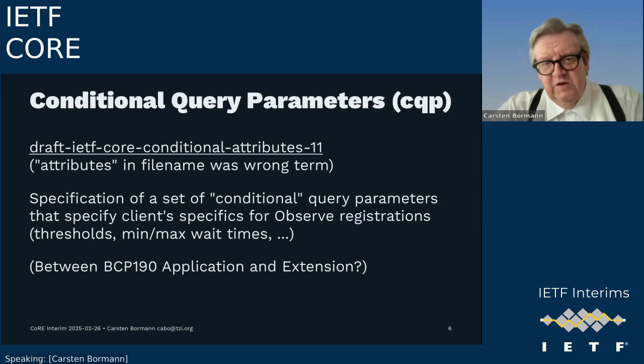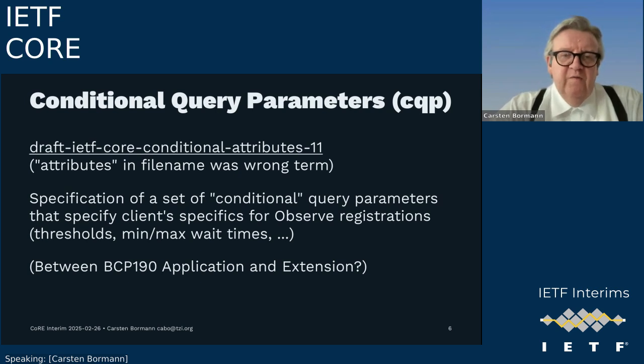They are called conditional because they control the conditions under which a server sends back notifications for a client's observe registration. So they essentially specify detailed specifics for that observe registration, and that has turned out to be a pretty useful thing for many applications.